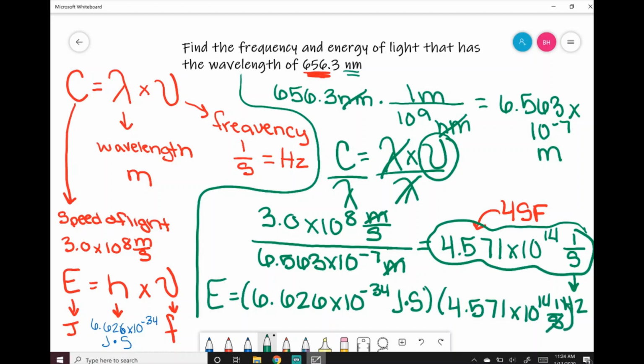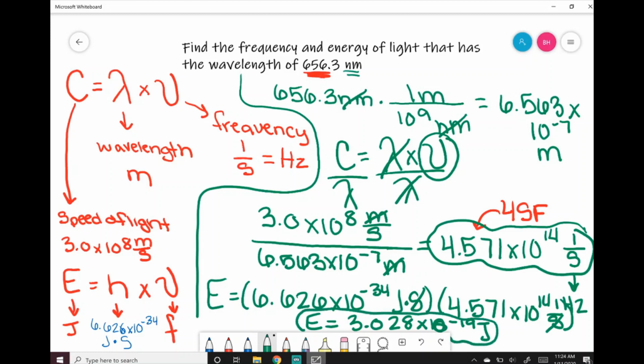Notice that your seconds will cancel out and you are left with your units of joules, which are the units of energy that you want. So what you end up getting for your final answer is our energy, which is 3.028 times 10 to the negative 19th joules. So there is your final answer.